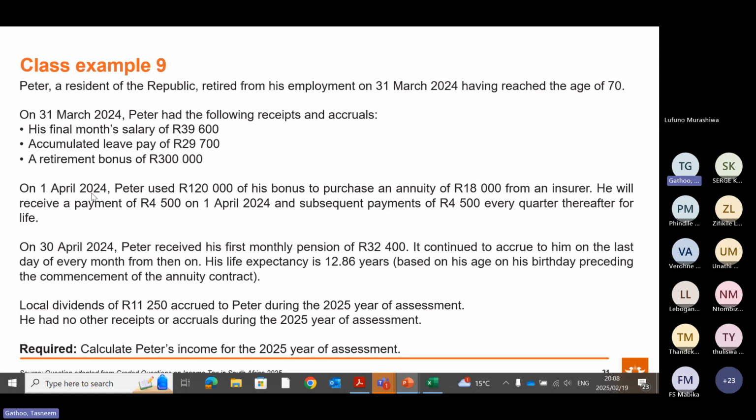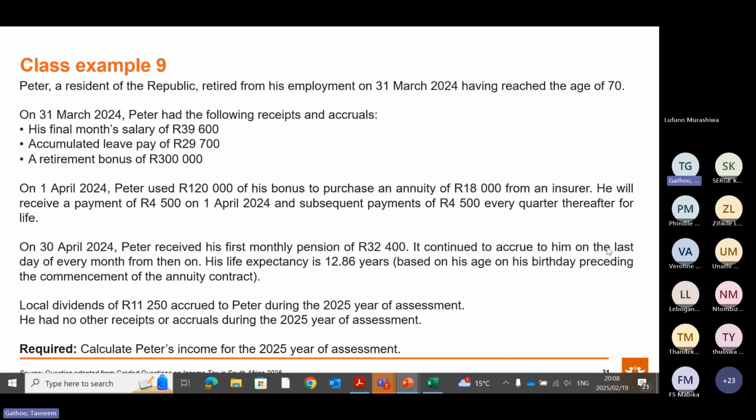On 1 April 2024, Peter used 120,000 of his bonus to purchase an annuity of 18,000 Rand from an insurer. He will receive a payment of 4,500 Rand on the 1st of April and subsequent payments of 4,500 every quarter thereafter for life. On the 30th of April, Peter received his first monthly pension payment of 32,400.